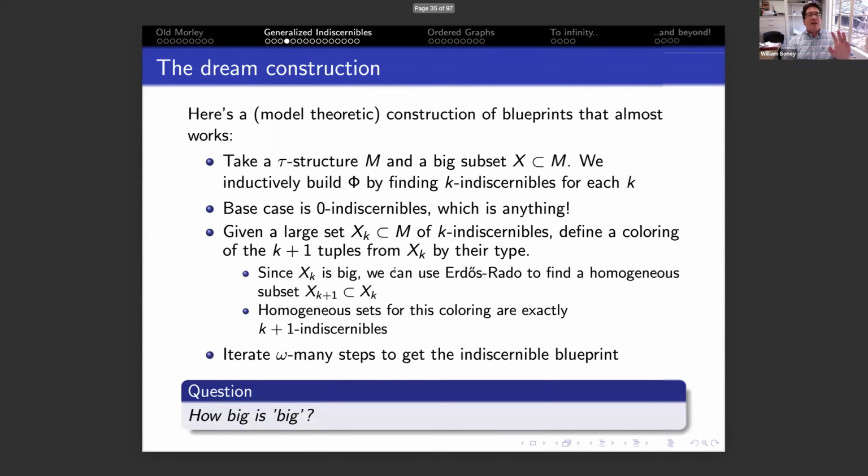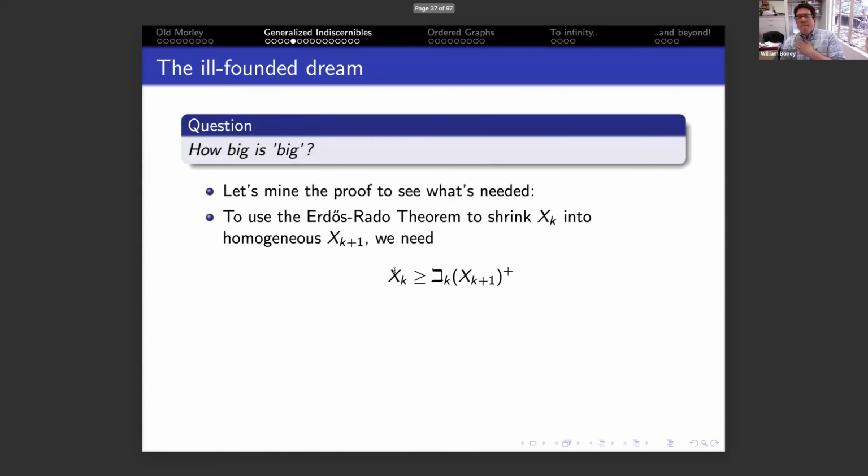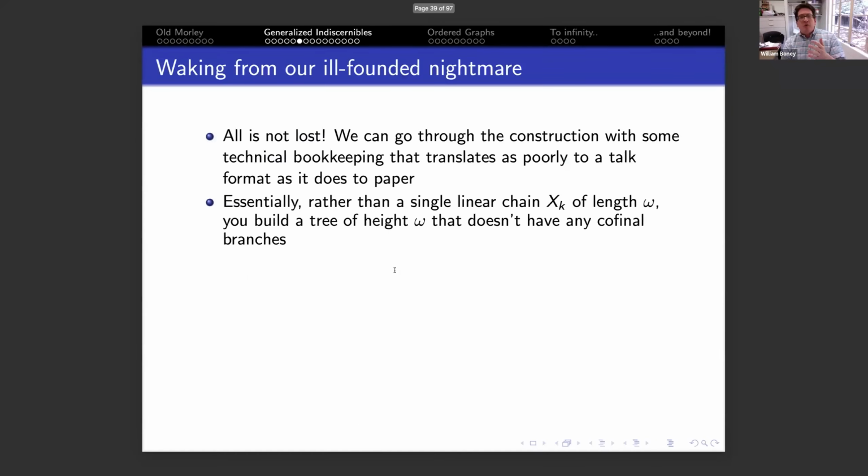So that's why I called this the dream construction, because this is morally what you want to do. But to actually make it work, it's the same idea, there's just a lot more bookkeeping. So instead of a single linear decreasing chain of X_k's of length omega, you build a tree of height omega that doesn't have any cofinal branches.